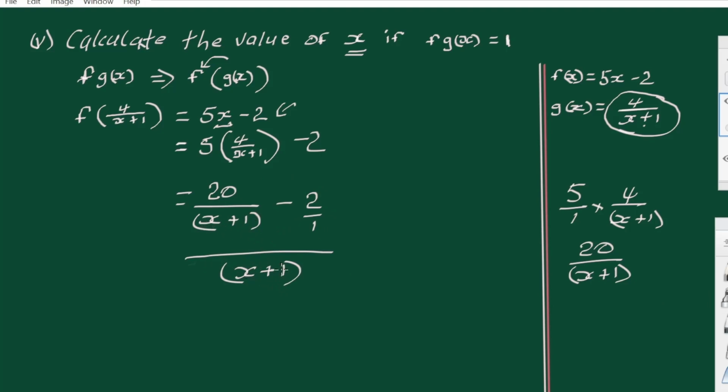X plus 1 into x plus 1 is 1. 1 by 20 gives us 20. X plus 1 divided by 1, anything divided by 1 will give us the same thing. So the answer here will be 2 multiplied by (x plus 1).